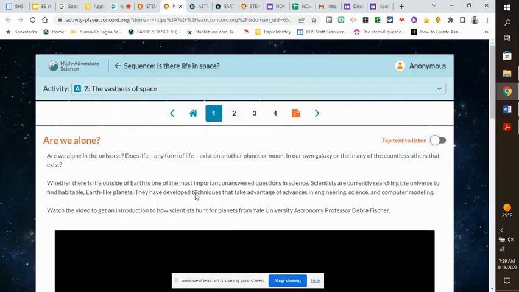And the first one is about, are we alone? Are we alone in the universe? Does life, any form of life, exist on another planet or moon in our own galaxy, or in any of the countless others that exist? Whether there is life outside of Earth is one of the most important unanswered questions in science.